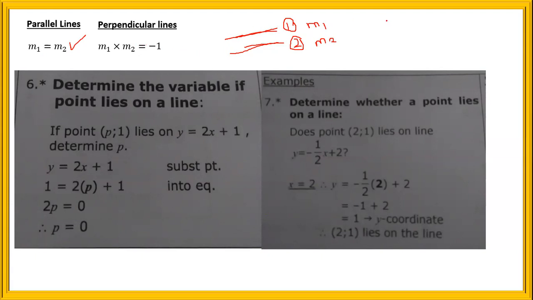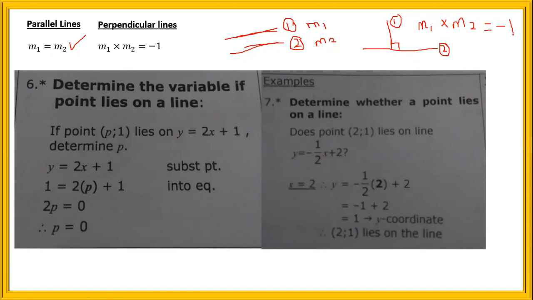Now, sometimes you get lines that are perpendicular to each other. That is, where they meet, they form a 90-degree angle, right? So you have line 1 and line 2. All right. And if you want to prove that the two lines are perpendicular, when you multiply the gradient of the first line times the gradient of the second line, you should get -1.